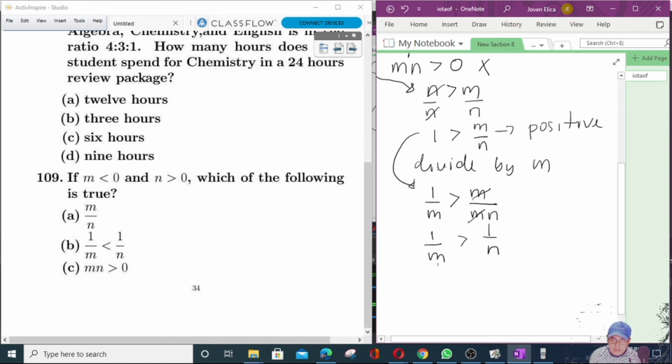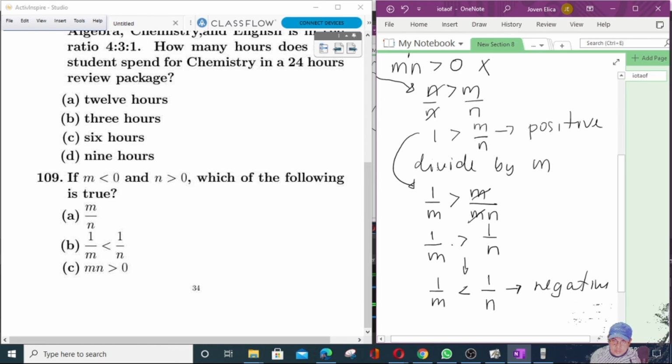One over m is not greater than 1 over n because m is negative. So we change this to 1 over m should be less than 1 over n to make it negative, because we already got the first condition positive and this one should be negative.